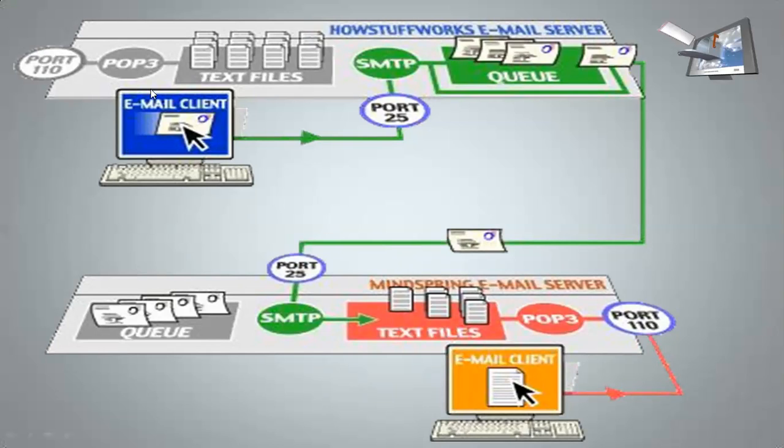Here the client sends the message with the help of SMTP using port 25 to the sender's server. Then this message is stored in the email server. POP3 retrieves that message and delivers the mail to the receiver. So this diagram shows how POP and SMTP are used for sending mail from one user to another user.